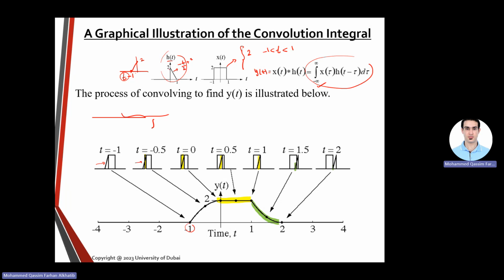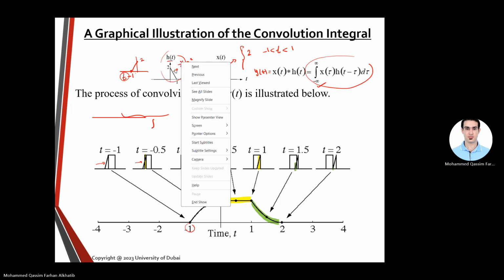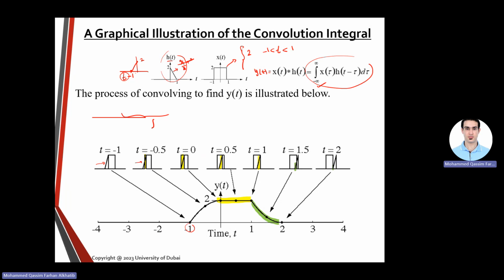At 0 equals 2, at 1, okay, it's not 2t. So it's going to be -2t plus 2. Okay, so when you do the time shifting, the reversal, 2t plus 2.